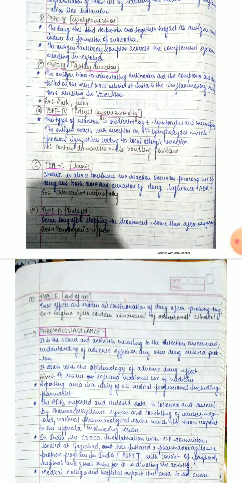In India, the CDSCO, in collaboration with the Indian Pharmacopoeia Commission located at Ghaziabad, has initiated the Pharmacovigilance Programme of India, PvPI, which consists of peripheral, regional and zonal centers for coordinating the activity. Medical colleges and hospitals also report to these centers, which collect all the data and send it to the monitoring center located in Uppsala.